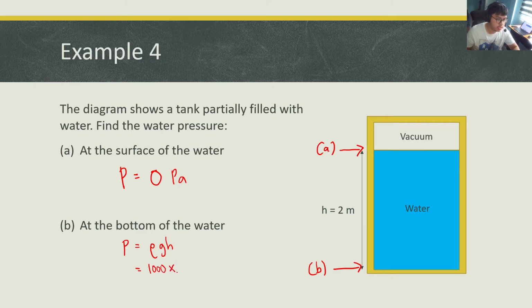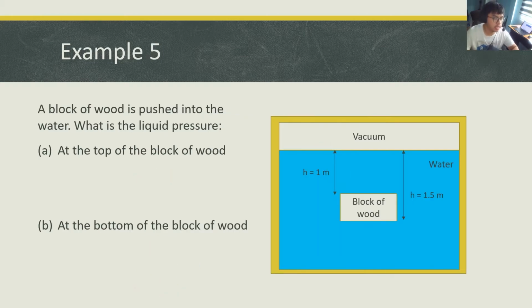What is the gravitational field strength on Earth? That is 10. That is a number that you also should know. And what's the height or what's the depth at this point in the water? And that is 2 meters. So that's given in the question there. So you solve everything and you get 20,000 Pascal. And that's the answer.